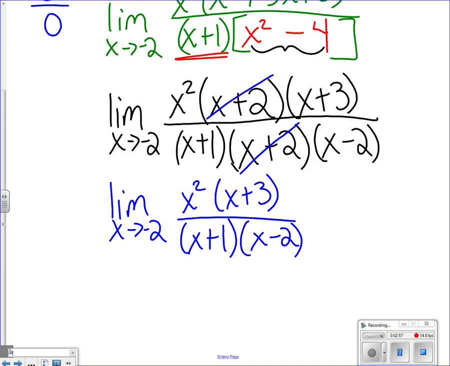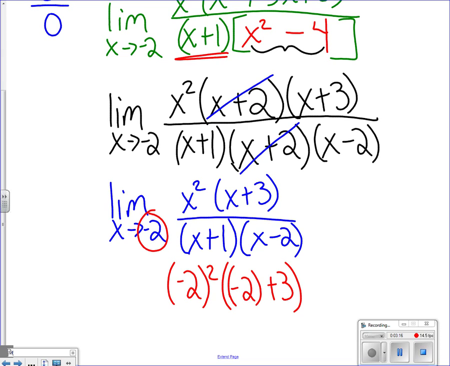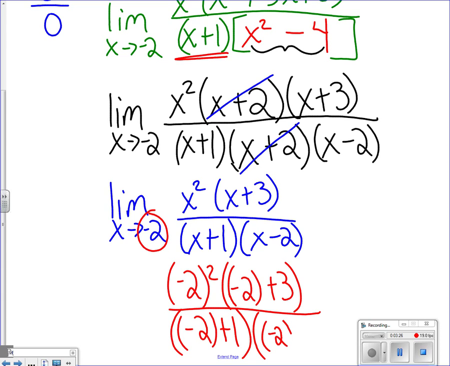Now if we go ahead and try that direct evaluation by substituting in -2, let's see what we end up with. We have -2 squared times -2 plus 3, all over -2 plus 1 times -2 minus 2.